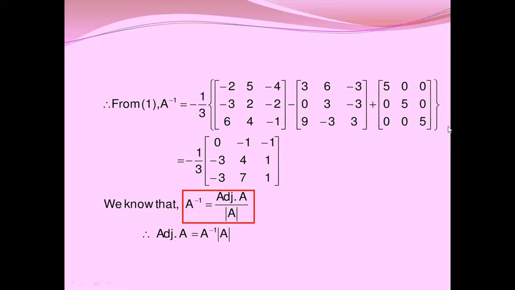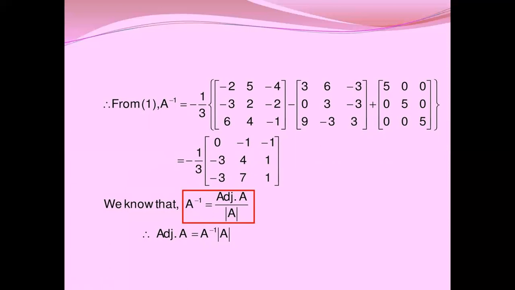After simplifying, we get minus 1 by 3 into 0, minus 1, minus 1, minus 3, 4, 1, minus 3, 7, 1.